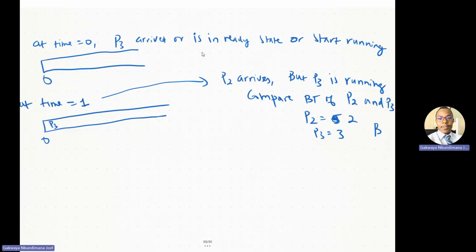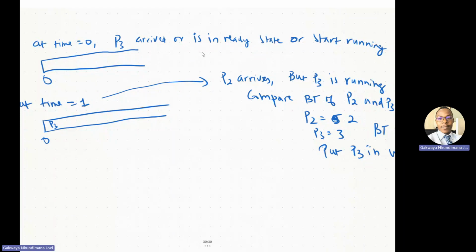The burst time of P2 is 2, which is lesser than that of P3. So here I'll write the statement: put P3 in waiting queue.